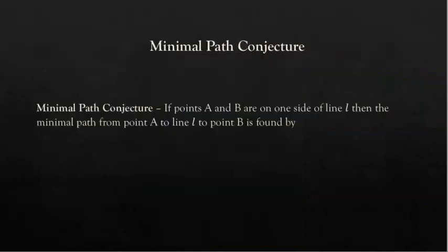So our conjecture is if points A and B are on one side of line L, or our reflection line, our cushion from the table, then the minimal path from A to line L to point B is found by what we did at the end when we compared it.